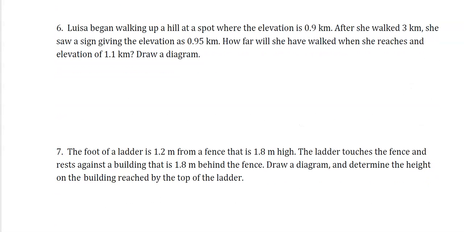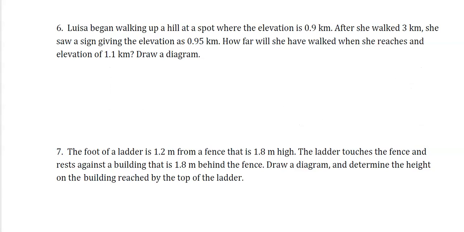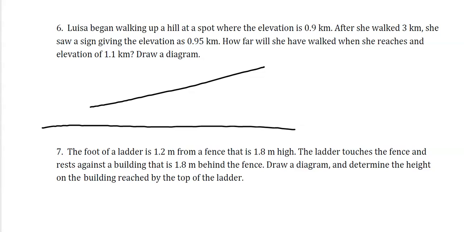Number 6. This one's a little bit different. So Luisa began walking up a hill at a spot where the elevation is 0.9 kilometers. So let's put this little hill going up here, and then we have the ground down here somewhere.